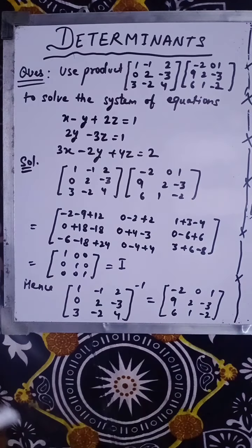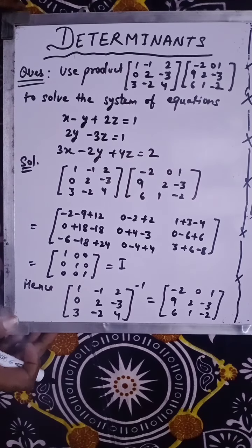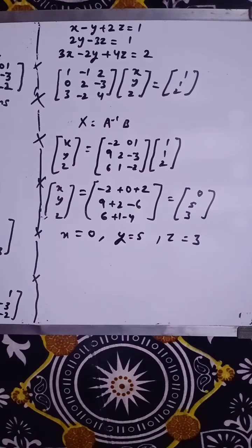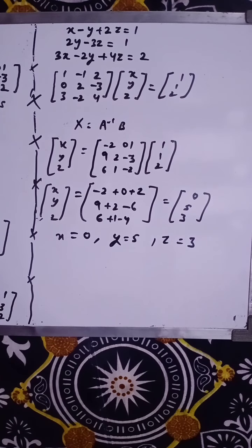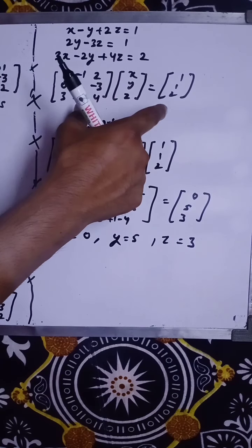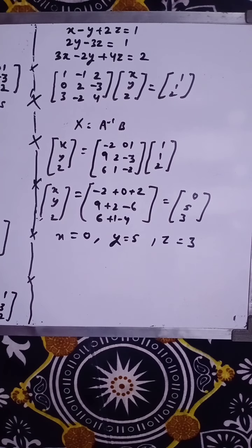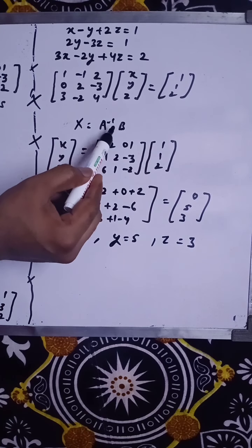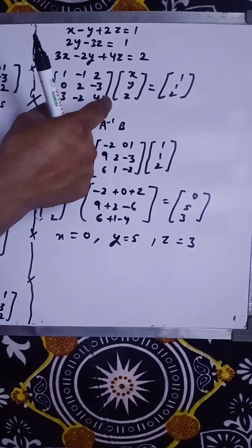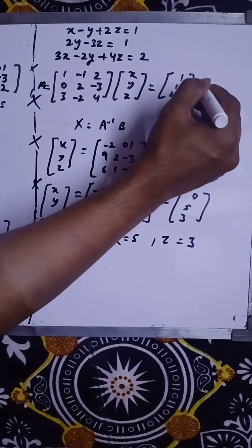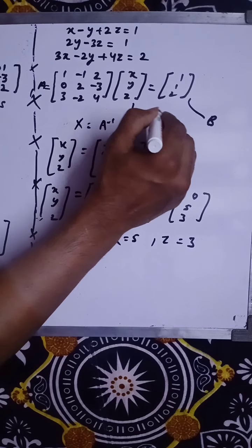Got it? Now we have to write the three equations like this. Here we have three equations. So I'm writing this equation in matrix form like this. As we know the formula, X is equal to A inverse B. Here this is your A matrix, this is your B matrix, and this is your X matrix.